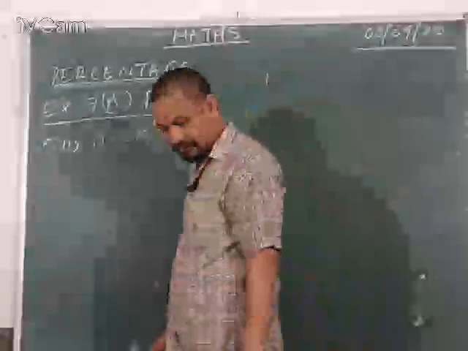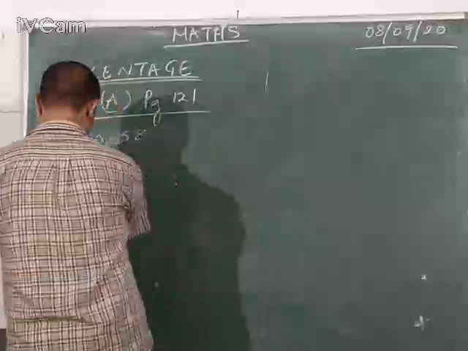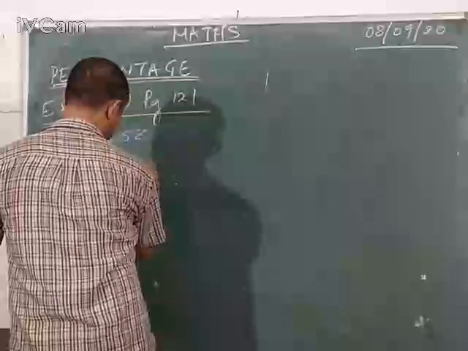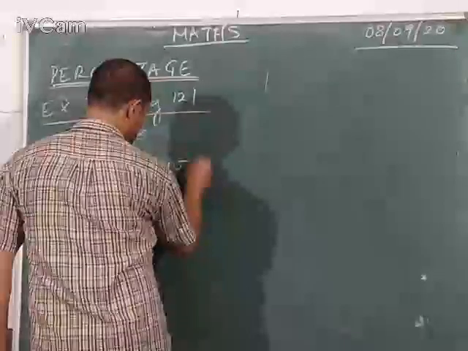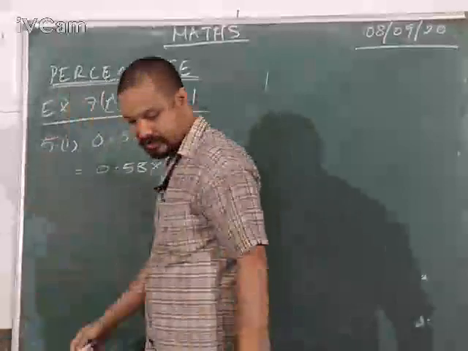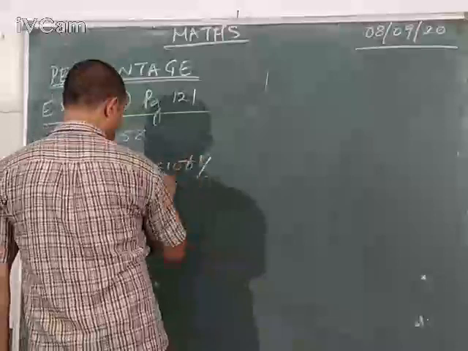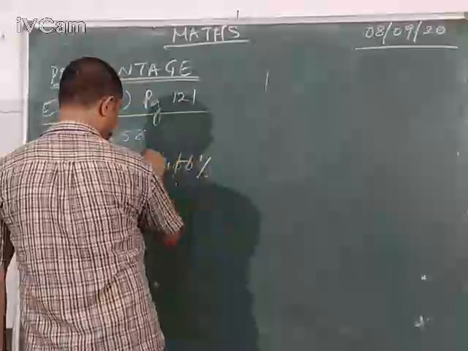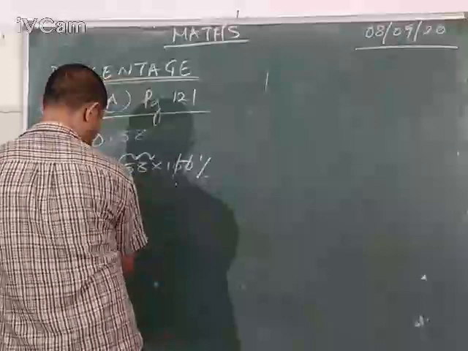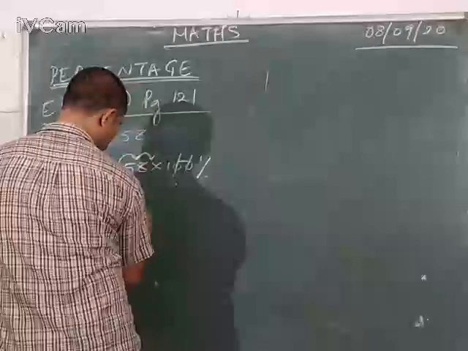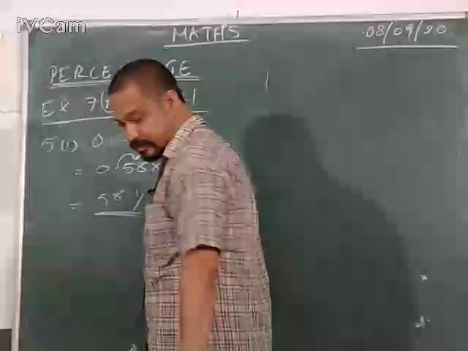So I think 0.58, the next step will be 0.58 into 100%. Okay, so again, 1 zero cut, 1 decimal jump, 1 zero cut, 1 decimal jump. Okay, so this becomes 58%.